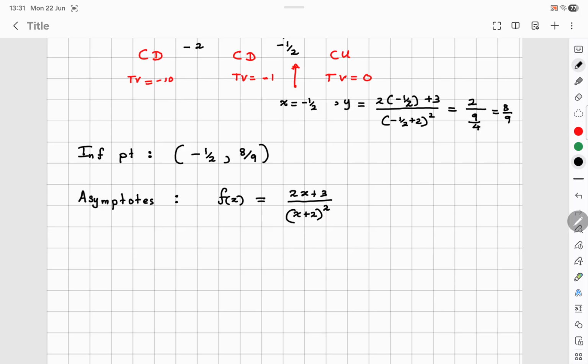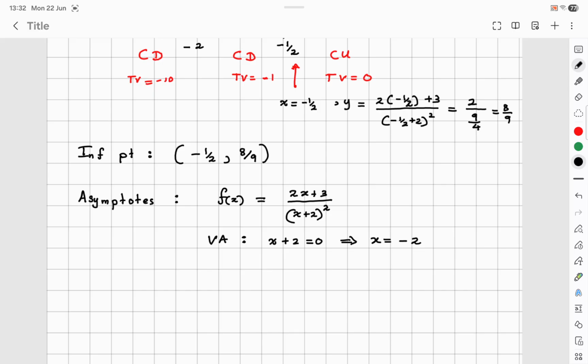You get the vertical asymptotes, not horizontal, sorry, for the values where the denominator becomes 0. This is the shortcut way. You have a vertical asymptote at x equals minus 2.